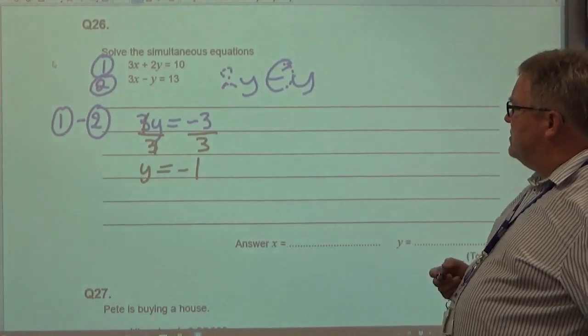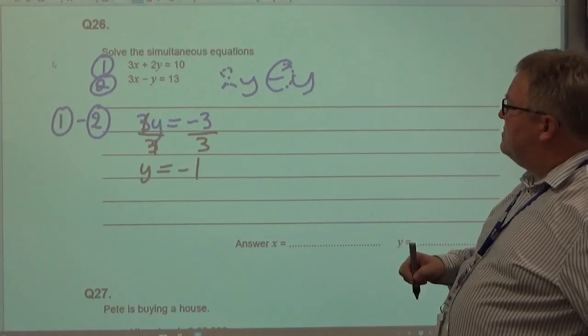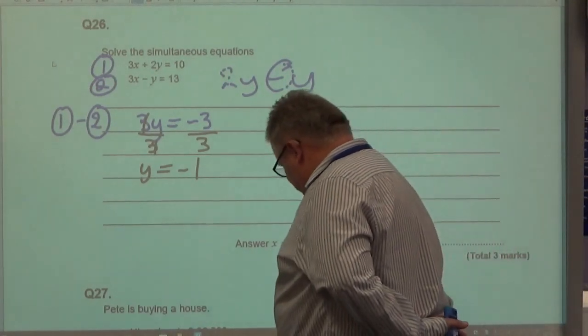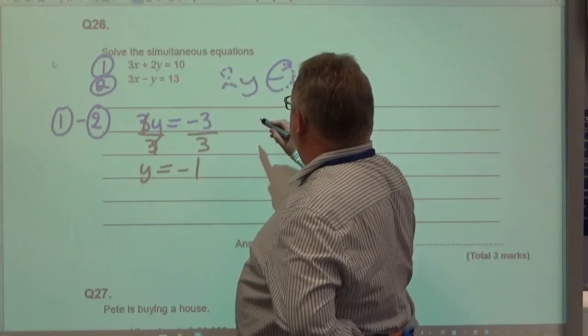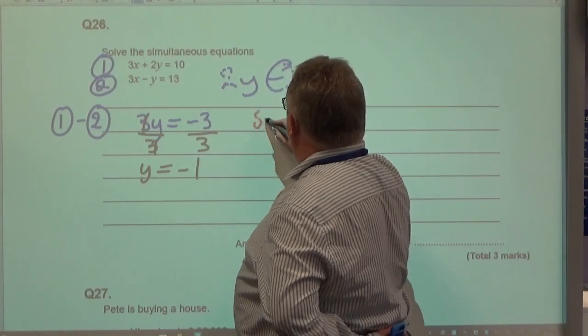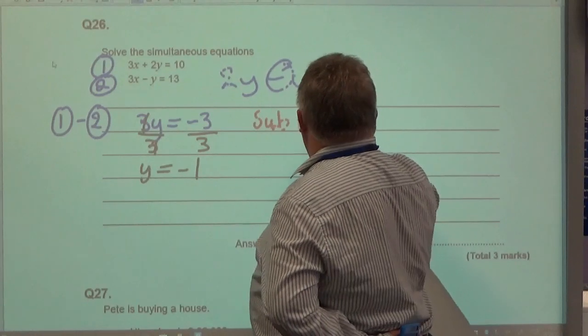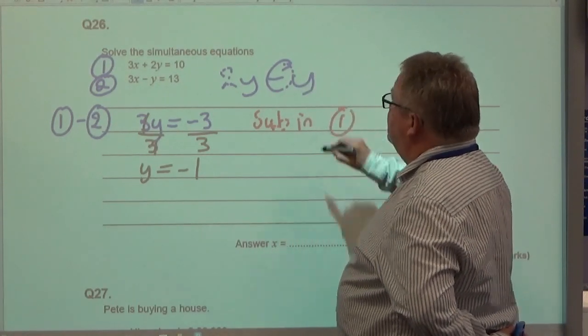And now we can go straight back and substitute into equation 1.